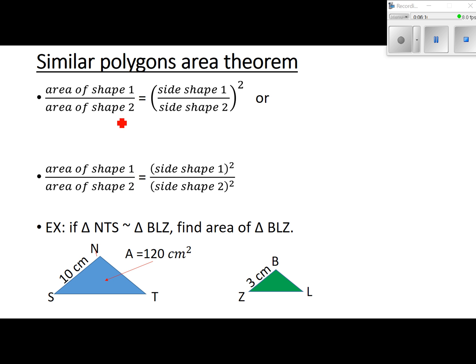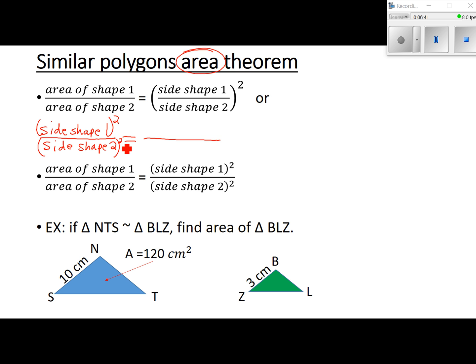The next one is the area theorem. And I'm going to rewrite this. This is probably a better form here, just to make it look more like the other one. If I do a side from shape 1 compared to a side from shape 2. Now the difference in this one is that each one of these numbers you have to square.